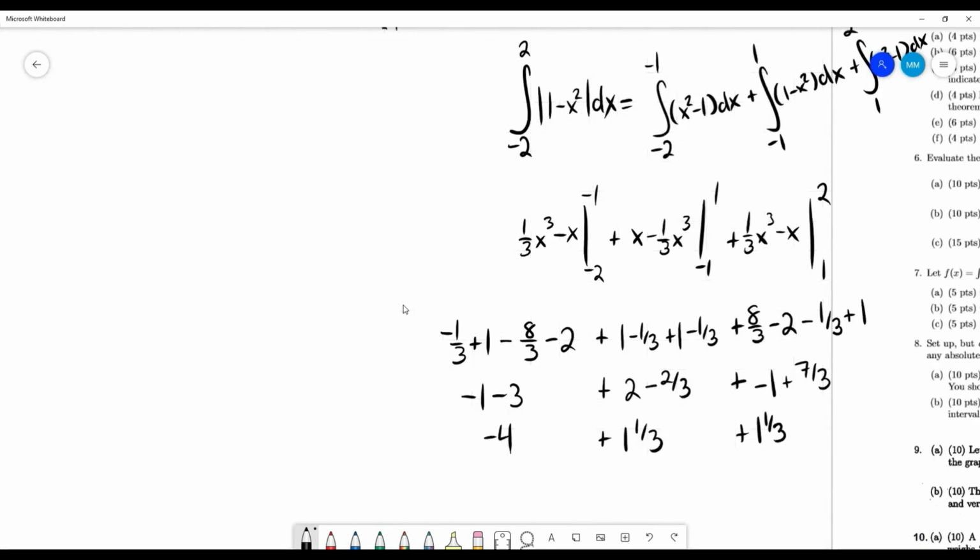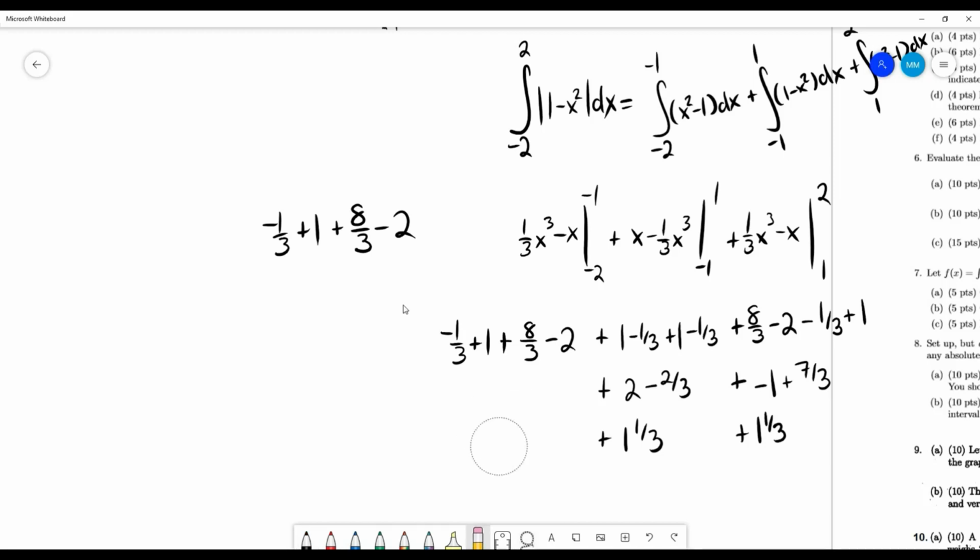I'm going to re-plug that in, so it's negative 1/3 plus 1 minus, oh, yep, plugging in the negative 2 gets me negative 8/3, but I am subtracting that, so that should be like that. And then minus, yeah, yep, that should be plus.